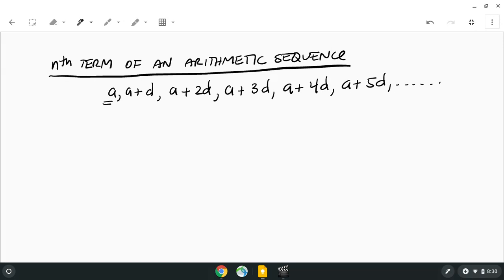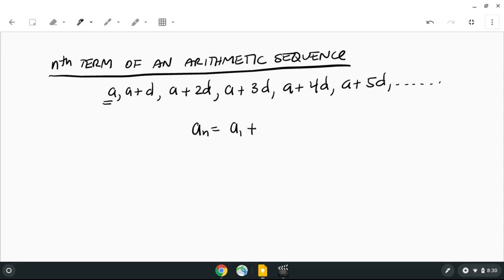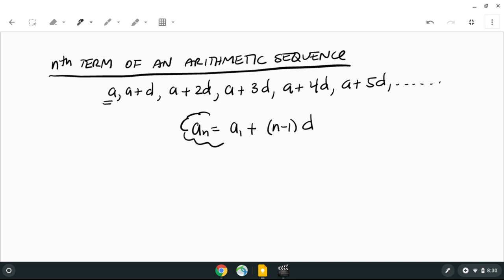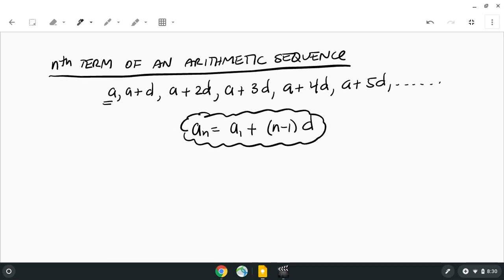So it turns out that your function is going to be a1 plus n minus 1 times d. So this here is going to be your first term. In the book, for some reason, they don't include that one, and I'm not really sure why.